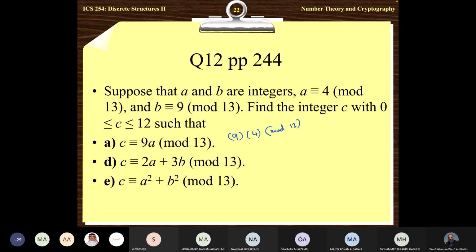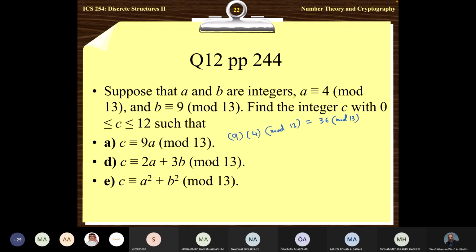Now, what is this equal to? This is 36 mod 13, correct? Don't we have to follow the theory? How, Doctor? Isn't it supposed to be first 4 mod 13, then multiplied by 9?